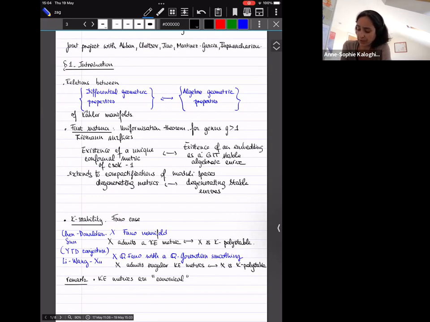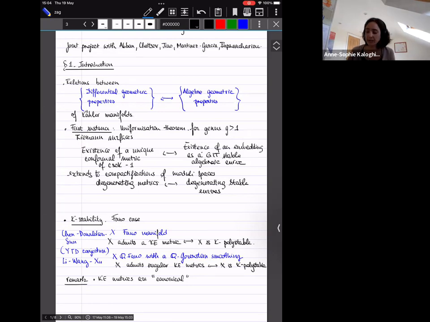This is the proof of the so-called Yau-Tian-Donaldson conjecture, and was extended to the singular case by Li, Wang, and Xu a few years later, in a statement that says that if X is a Q-Fano variety with a Q-Gorenstein smoothing, then it admits a singular Kähler-Einstein metric if and only if X is K-polystable.